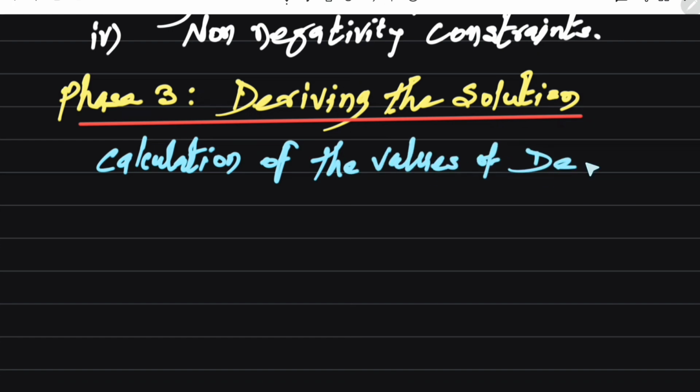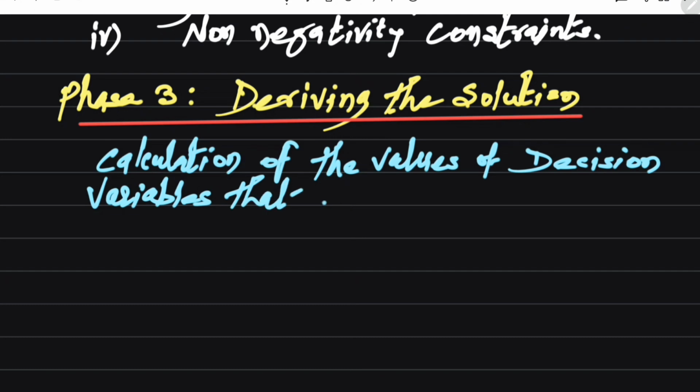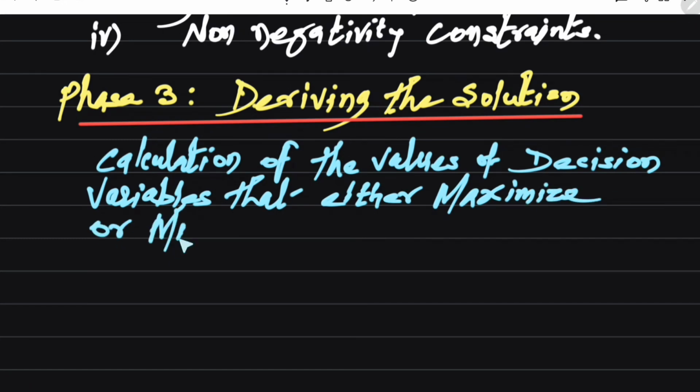This is the third phase from the total 6 phases. Once again, I will repeat: it is the calculation of the values of decision variables that either maximize or minimize the objective function.